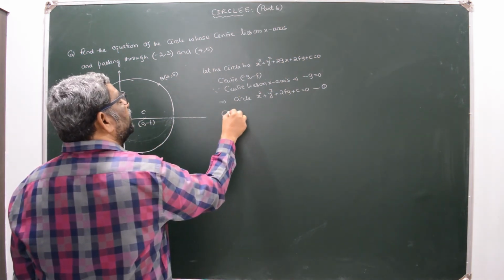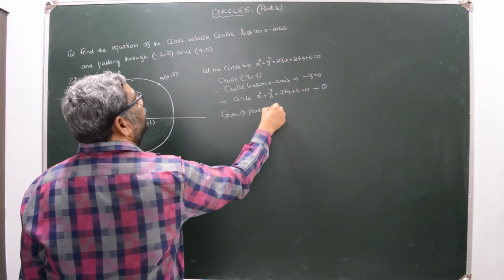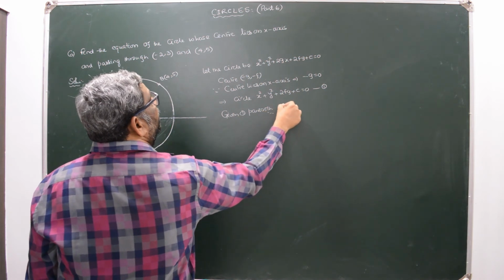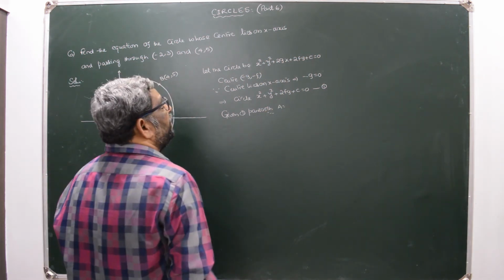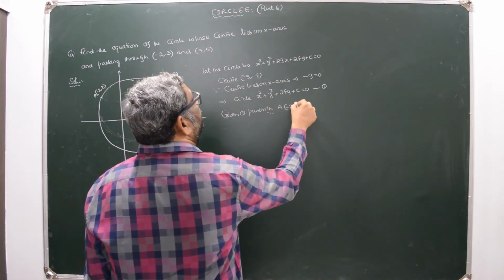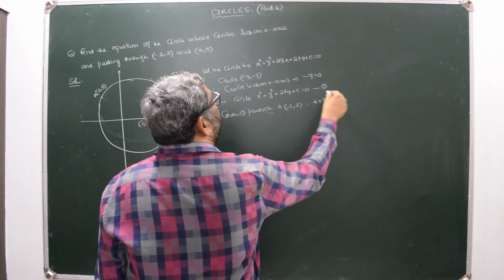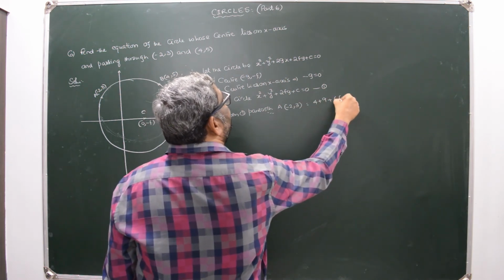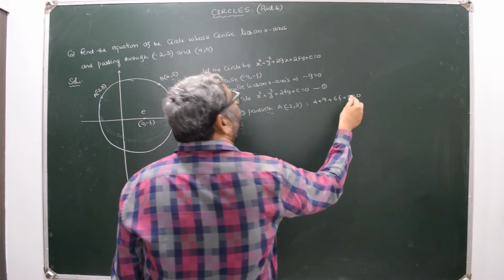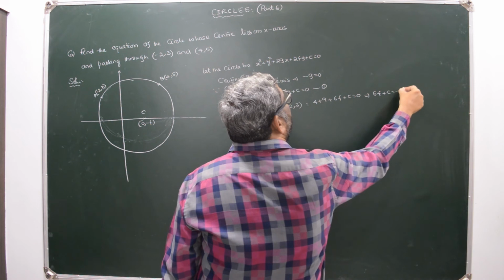Given it passes through A minus 2 comma 3. So 4 plus 9 plus 6f plus c equal to 0. So 6f plus c is equal to minus 13.